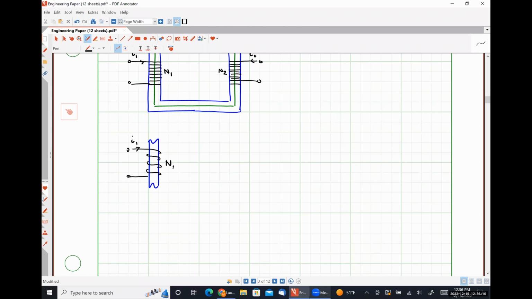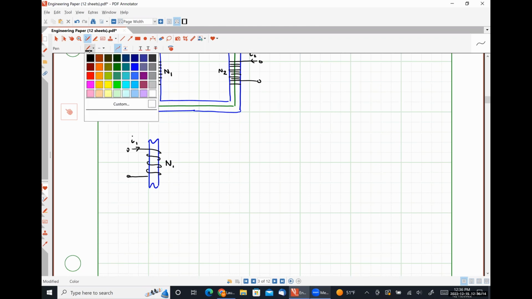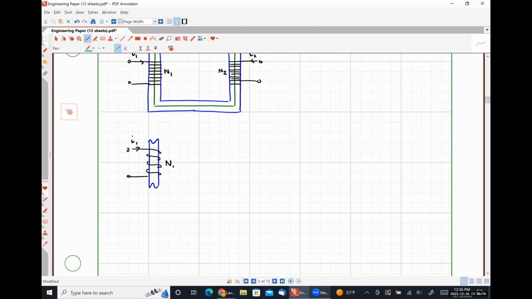Use the right hand rule. Up. So that coil I1 is going to be generating some flux up.